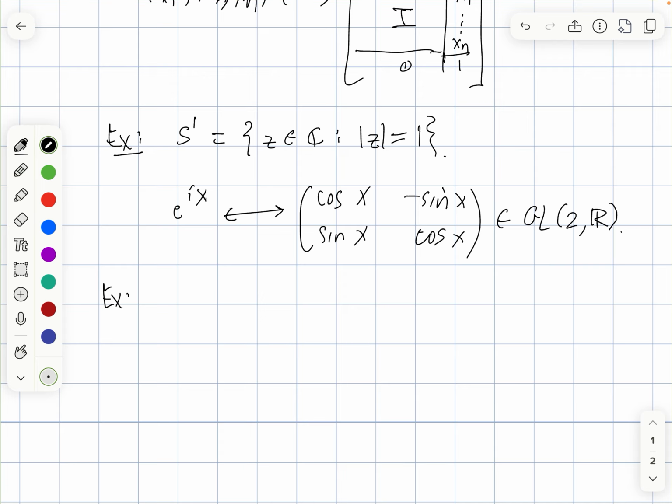And when you have two linear groups, you can take the product.